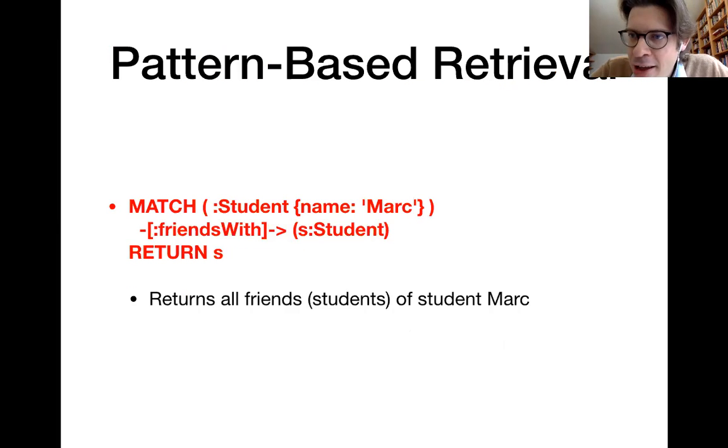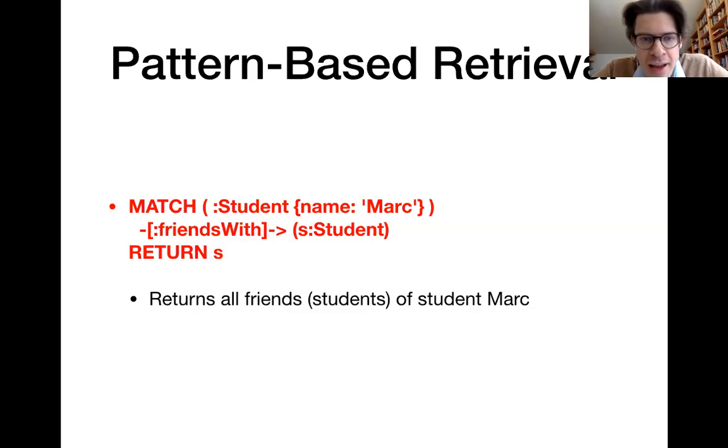So the way you query those graphs, you typically use some kind of a matching expression, and then you use the return clause in order to indicate to the system which parts of the pattern that you are matching it should return as the query result.